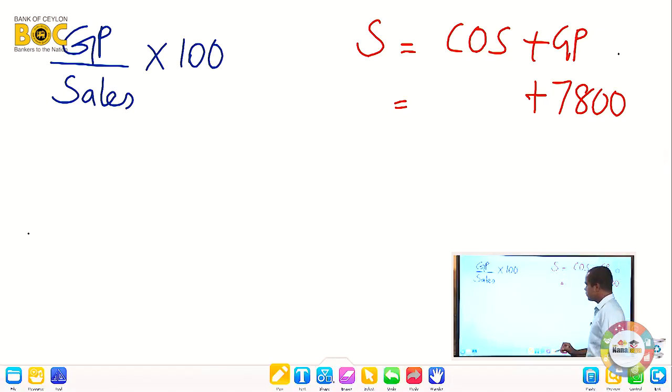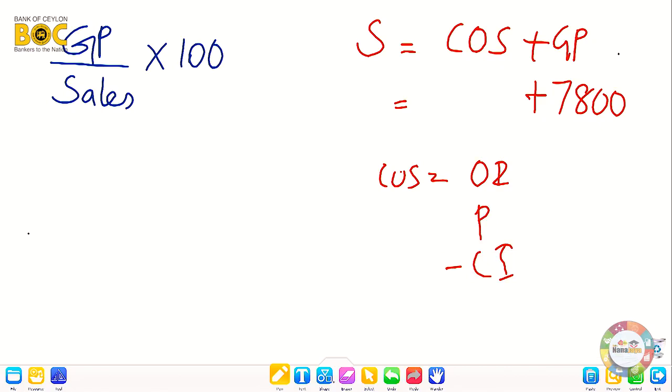Cost of sales, how do you calculate? The cost of sales equals opening inventory plus purchases minus closing inventory.